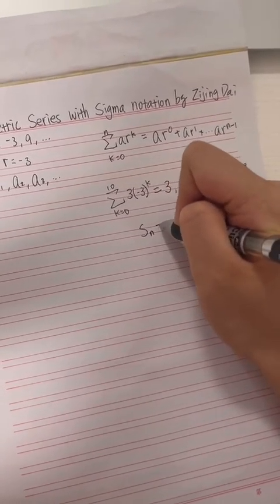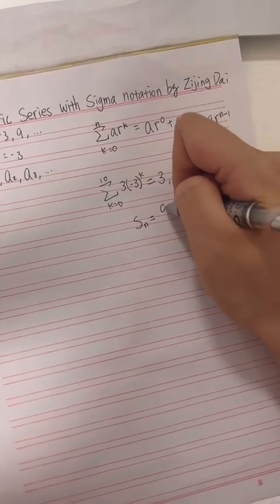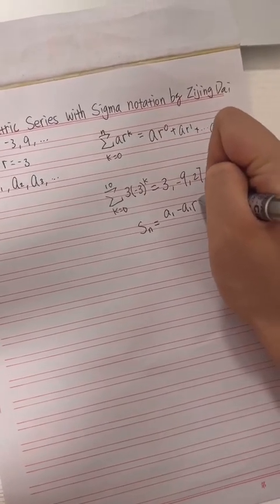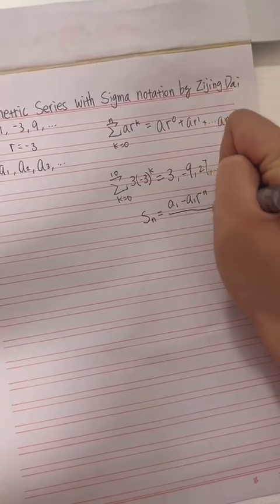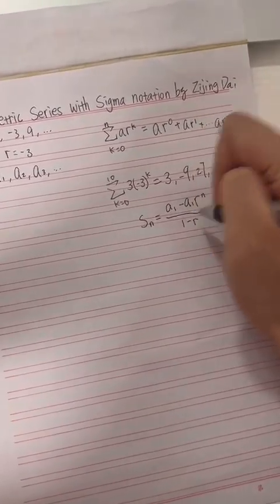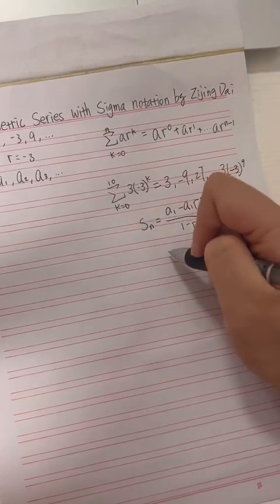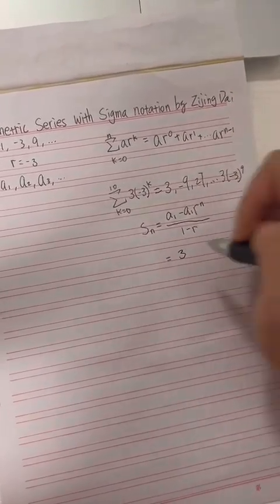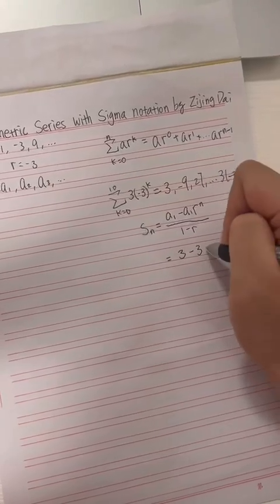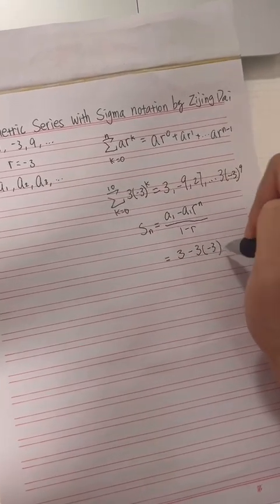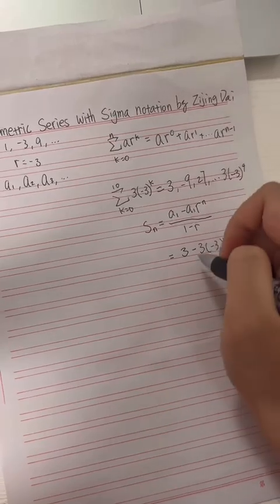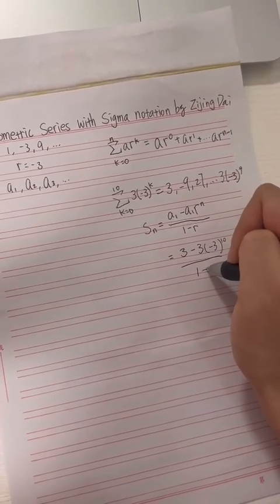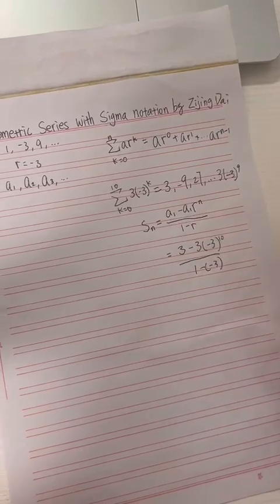The sum of n numbers equals the first number minus the first number times the common ratio to the power of how many numbers there are, over 1 minus the common ratio. So the sum of this geometric series is the first number minus the first number times the common ratio to the power of how many numbers, and 1 minus the common ratio, which is -3.